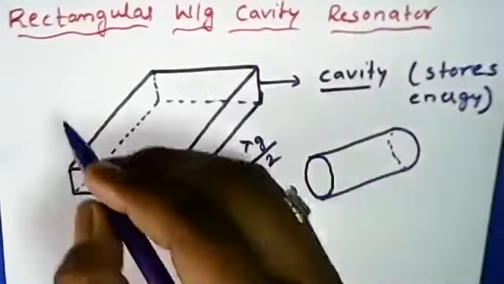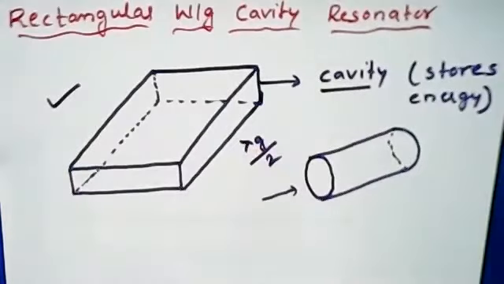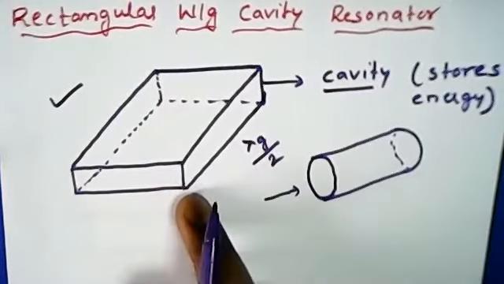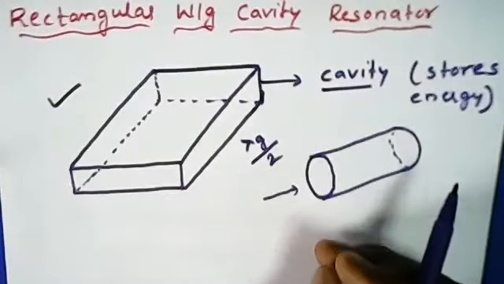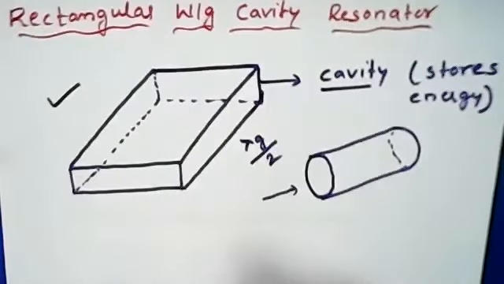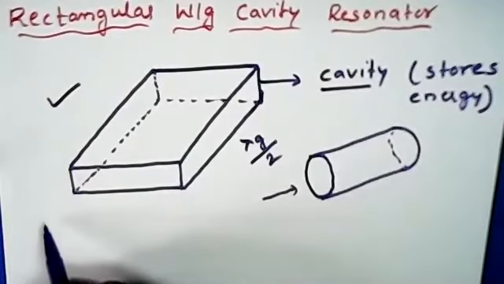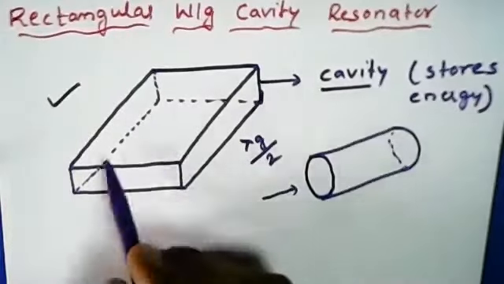Now, according to the syllabus, we have only the rectangular waveguide cavity resonator. So we'll see more details regarding this rectangular waveguide cavity resonator. To proceed further, coming to the types, as I have explained, this is the cavity resonator.